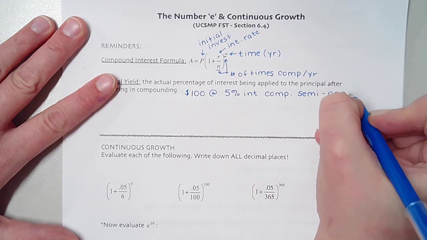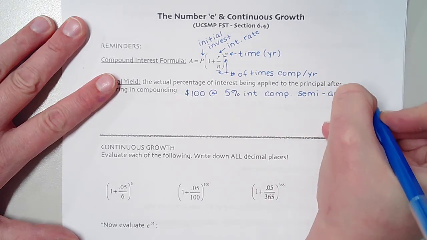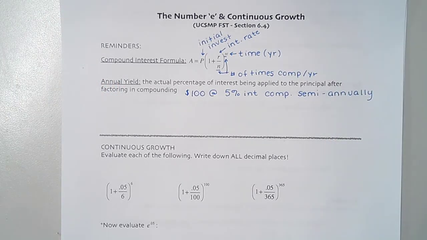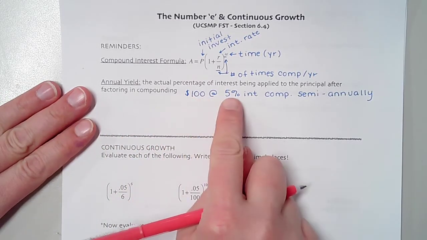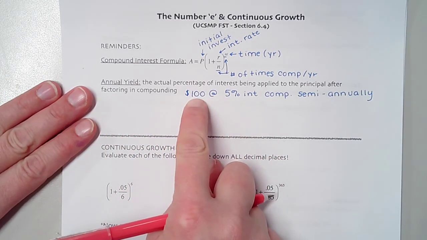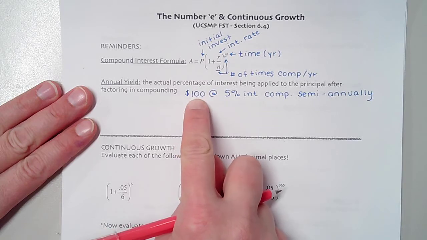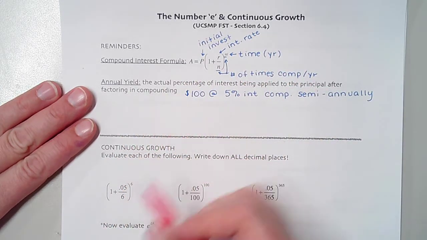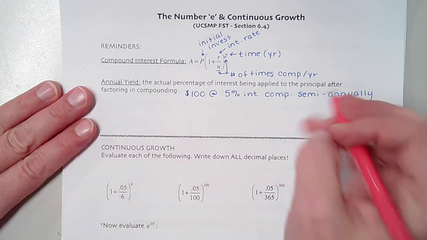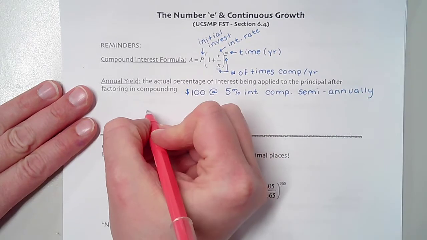So that would be twice a year. Okay, so semi-annually is twice a year. So if I plug all of this information in here, let's just point out that 5% of 100 would be $5, okay? So if I was earning 5% interest, just a flat 5% interest, at the end of the year I would have $105. But let's talk about what this semi-annual thing is going to do.